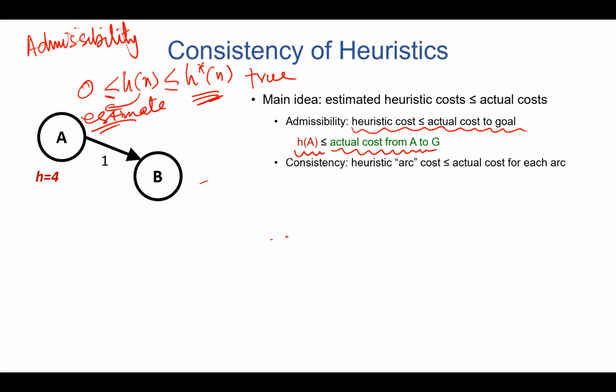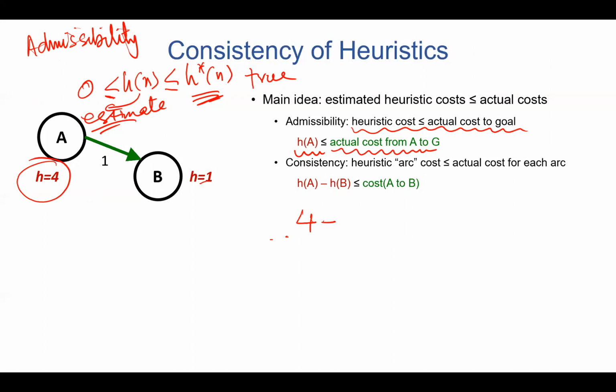So the arc consistency just gives us this equation: H of A minus H of B has to be less than or equal to the cost from A to B. Meaning, look here, what is H of A? 4.